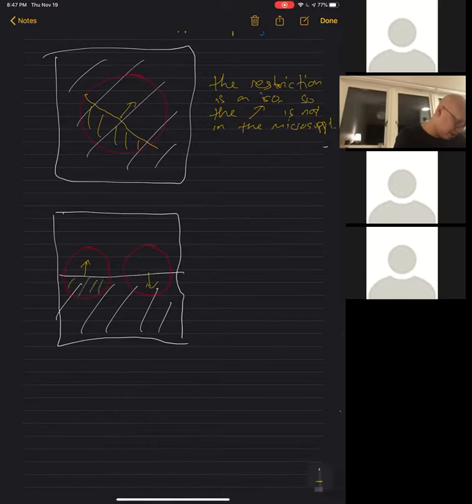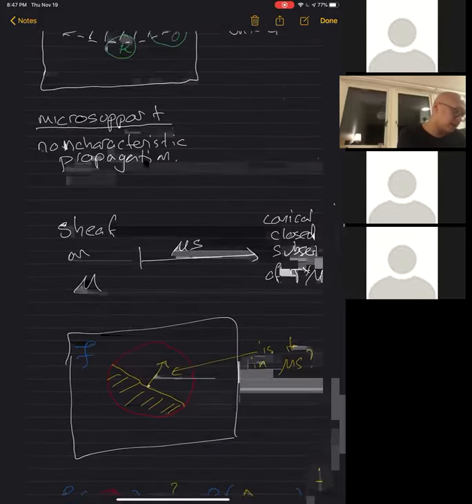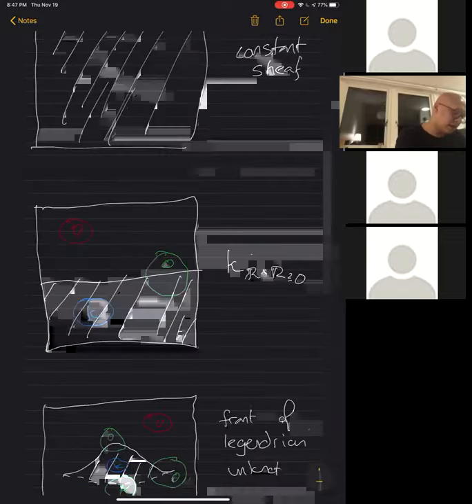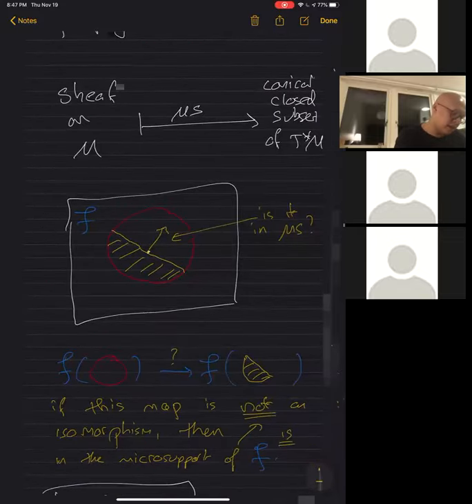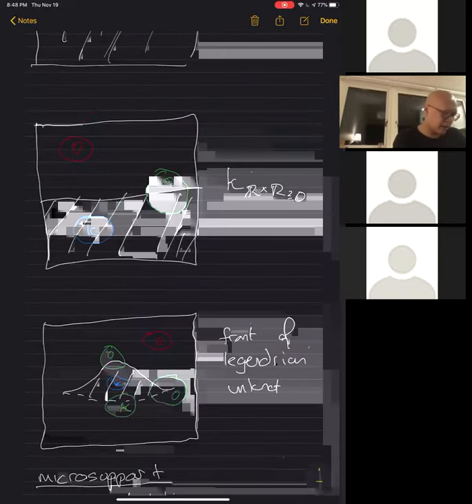To this yellow ball or this yellow ball. And I told you already what the sections on those kinds of things are. I told you it was 0 if it sits above, and the sections over that whole thing were also 0.